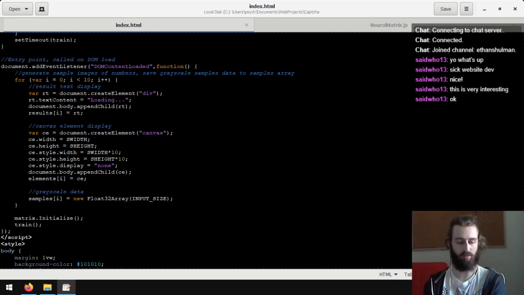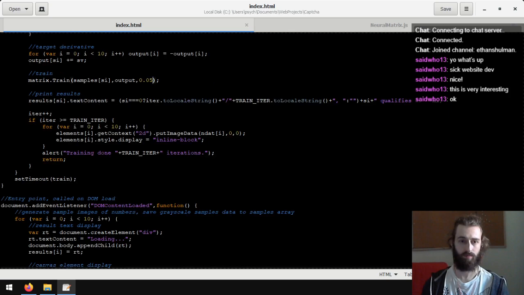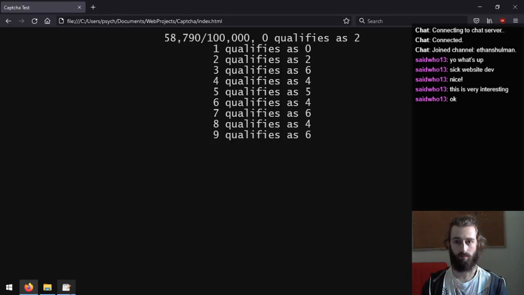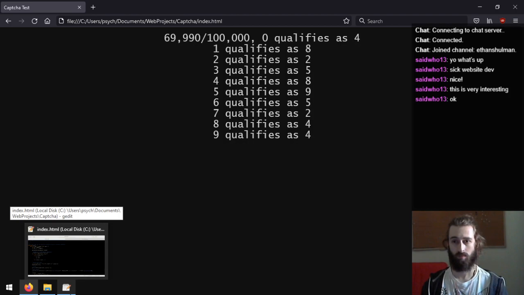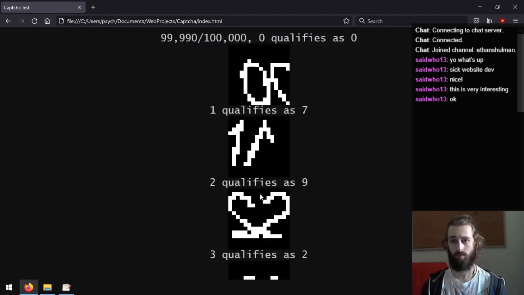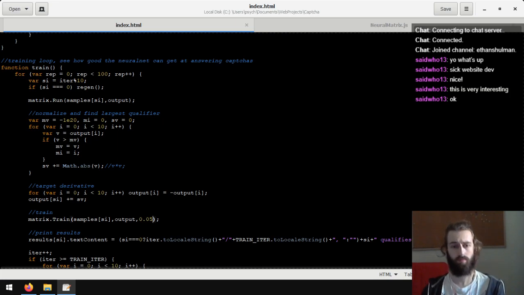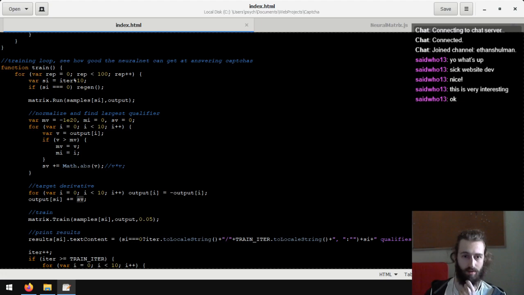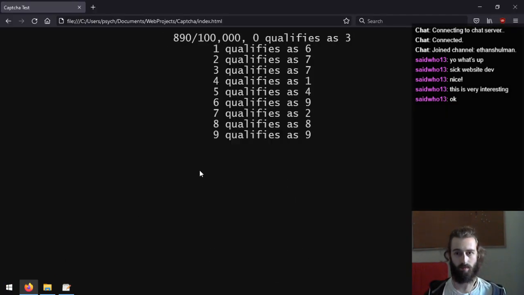So we might need to have some extra processing here. What if I do max value here instead?